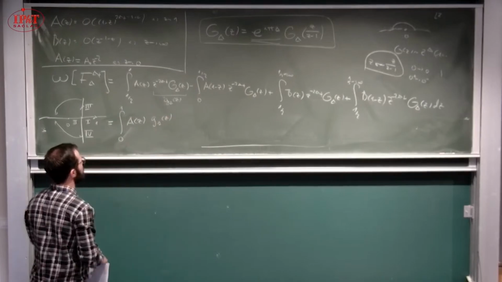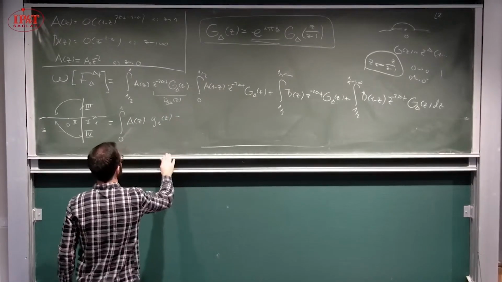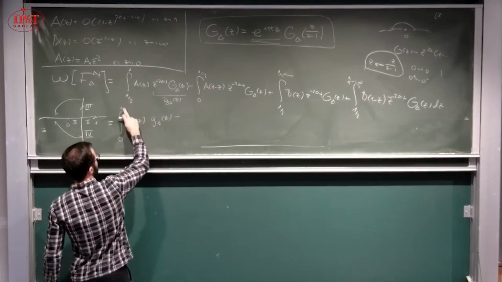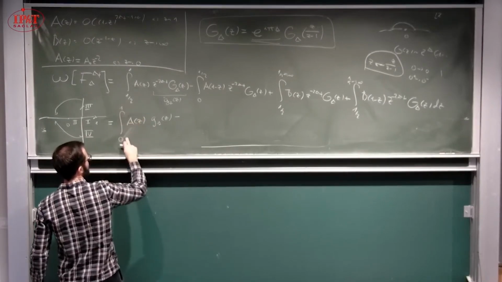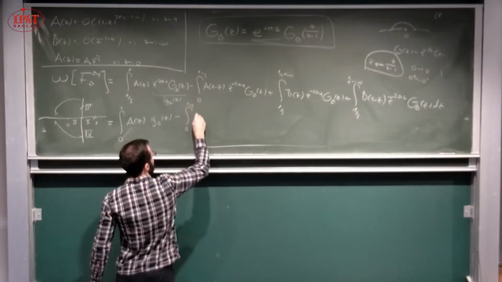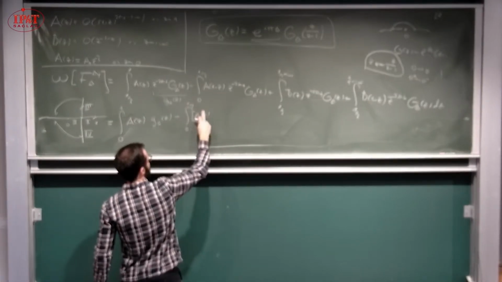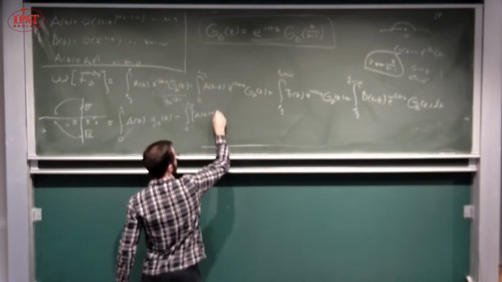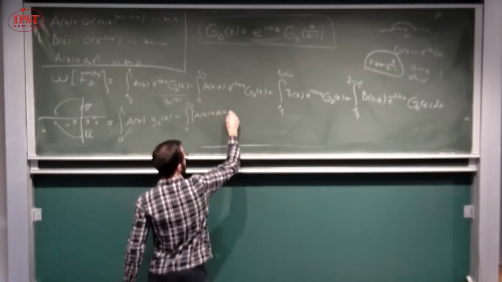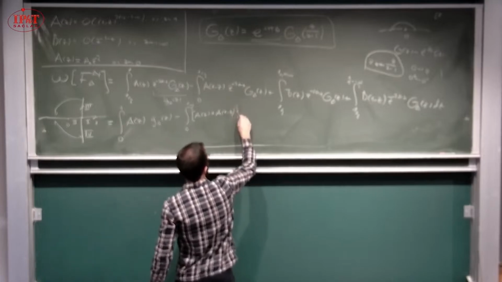But now I added the part which goes from 0 to 1/2, so I need to subtract it. And I'm going to combine that subtraction with the second term from the previous line. So I get A 1 minus z. Actually, let me keep that open for now.